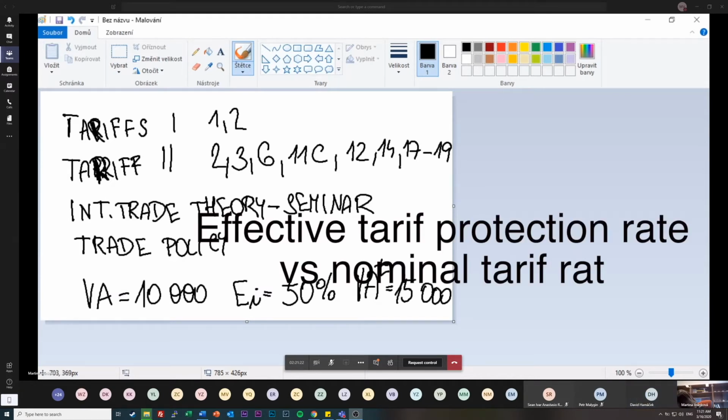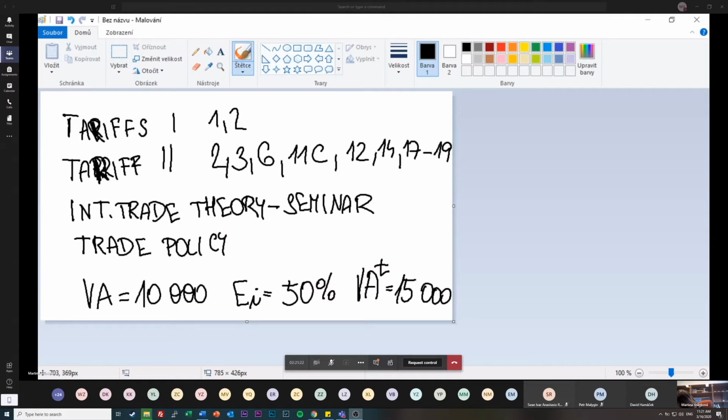Excuse me, can I ask, what is the difference between effective tariff protection rate and nominal tariff rate? Effective tariff protection rate says by how much the value added was increased because of the tariff. That means we had the wood and the table, and the producer of the table had to improve the wood and make the final product.